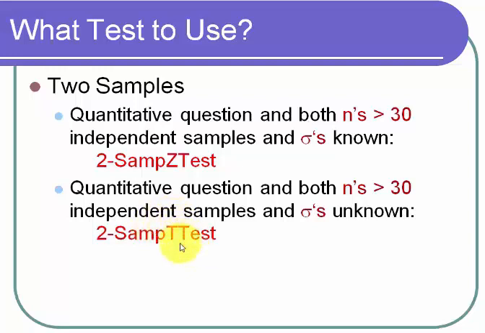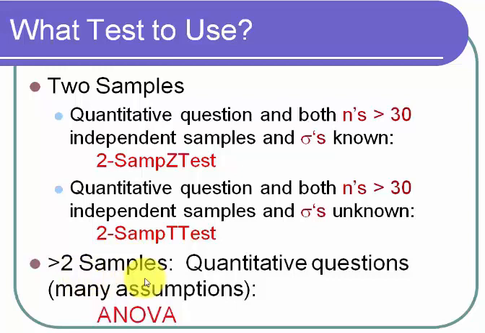And then finally, we have today's big hypothesis, and that is if we have more than two samples, and they are quantitative questions, and we have all of those many assumptions met, we have to make sure of normality, we have to make sure that the population standard deviations are the same for all of the different populations.